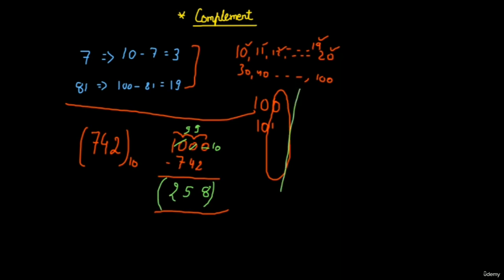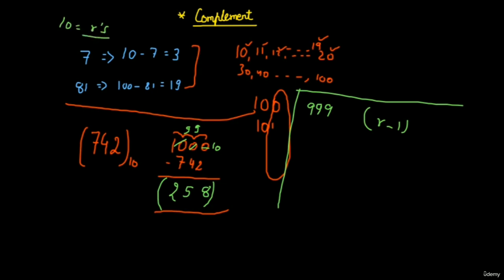Sometimes in mathematics and in general calculation, we also require the complement of r to the power minus 1, or in simple words 999. That's what I meant with r minus 1's complement. So I can say the tens are r's complement.